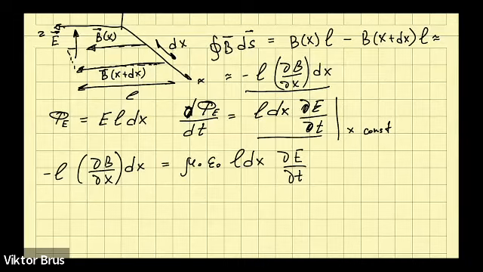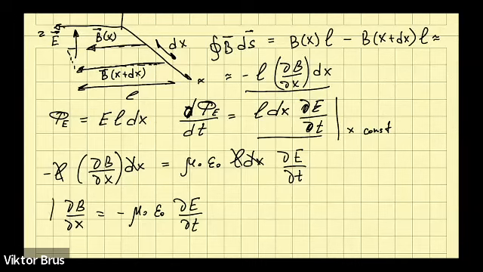Now, based on this equation, we can cancel the length and width of the rectangle, and we can write that the first partial derivative of magnetic field over position along axis x will be equal to minus mu naught times epsilon naught times the first partial derivative of electric field over time, not to forget.